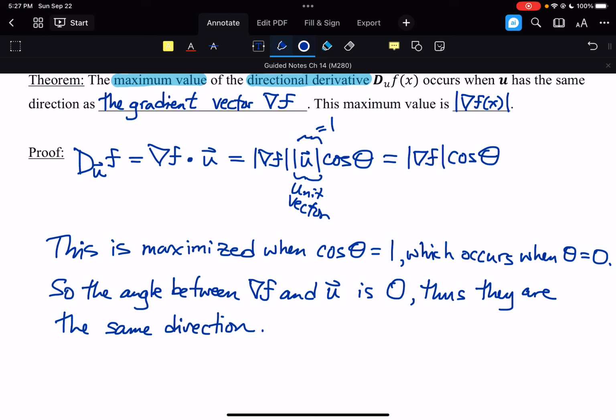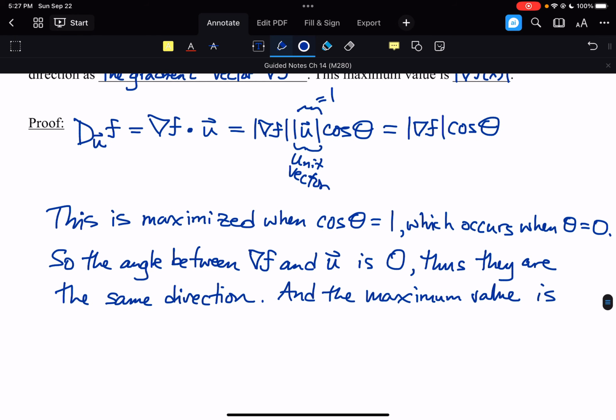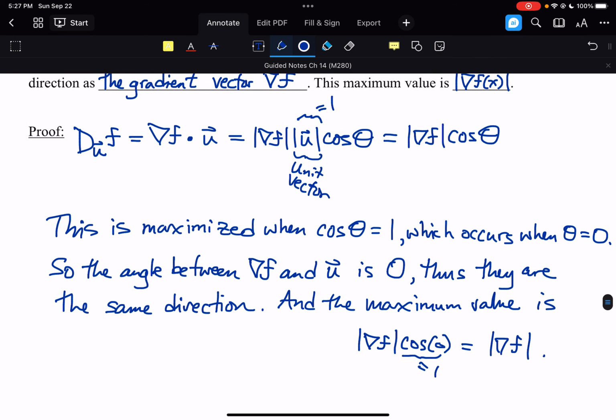And the maximum value itself is when cosine of theta is 1. So that's magnitude of grad f times cosine of 0, which is 1, which is just the length of the gradient, which is exactly what we set up there.